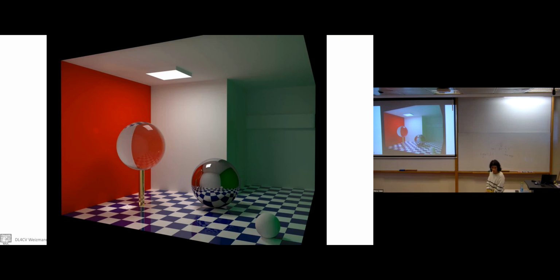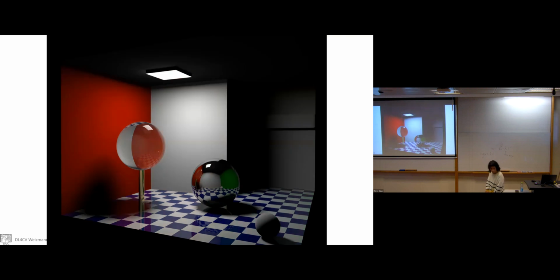Can you go back one slide? So if this is the case, why do you see the reflection of the sky and the wall? You see the shadow, you see the reflection. It's okay, but you don't see the other scattering that lights the room.